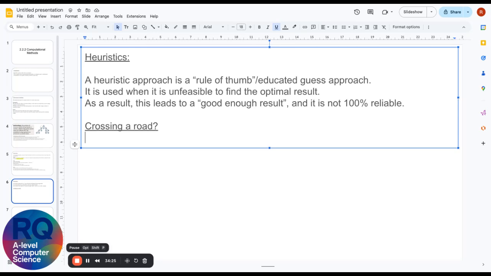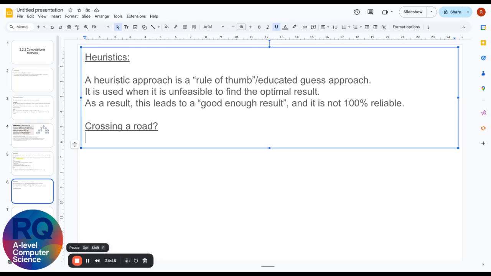That is a waste of time and is not the most ideal approach. So for our situation, we would just look at our signal, make sure it's red, and that's optimal enough to cross the road. We don't need all the signals in that area to be red.